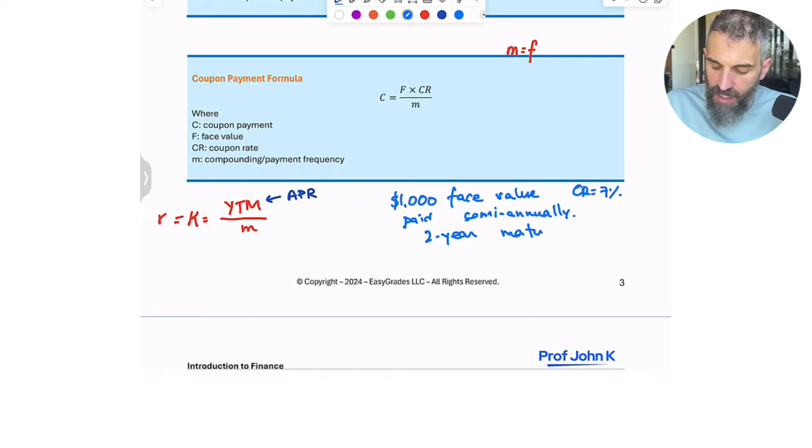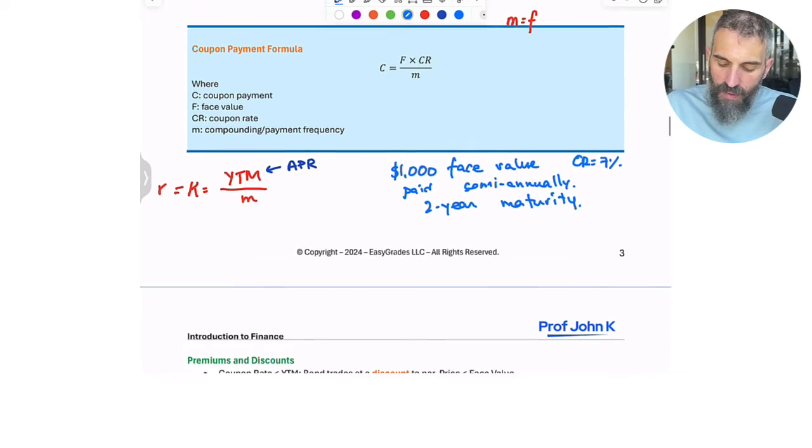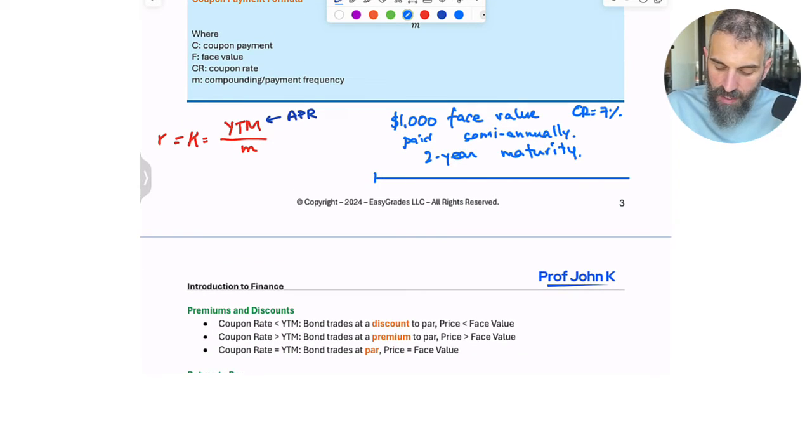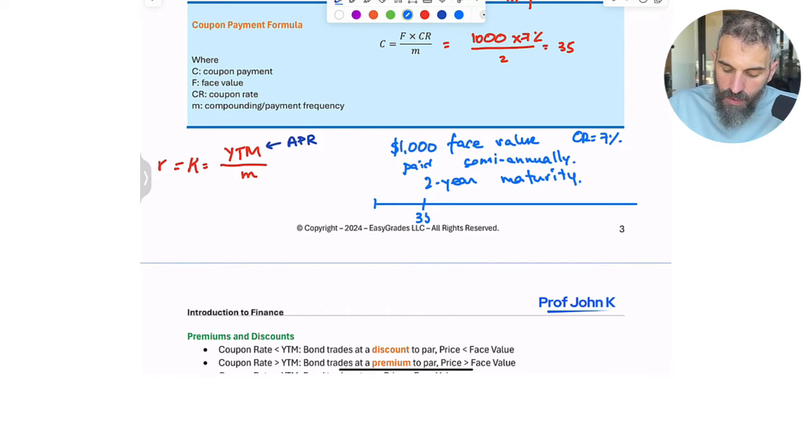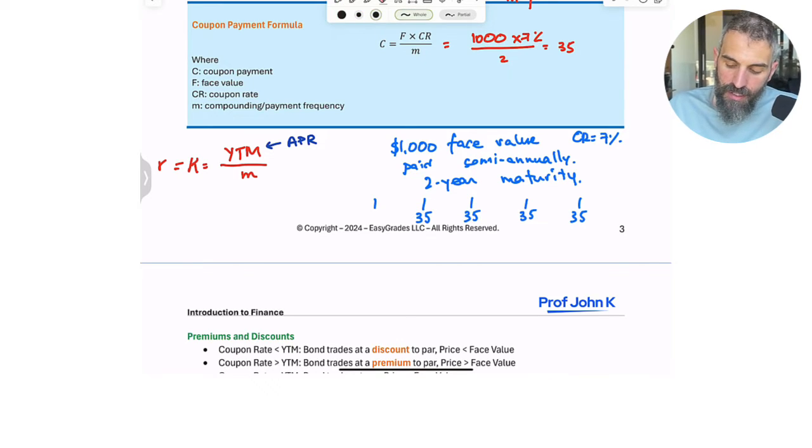When you read something like this, what you have to imagine is this timeline. If you follow this formula, your face value is 1,000, your coupon rate is 7%, and it's divided by 2 because it's paid semi-annually, which is $35. It means that every 6 months, so 2 times per year, the issuer is going to pay $35 in interest to the holder.